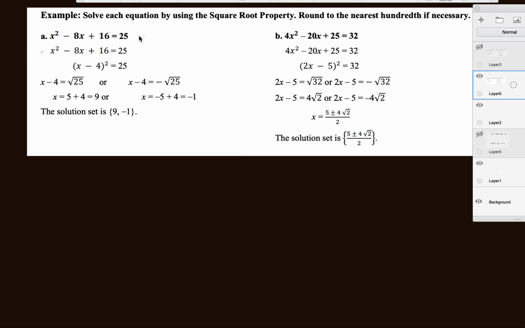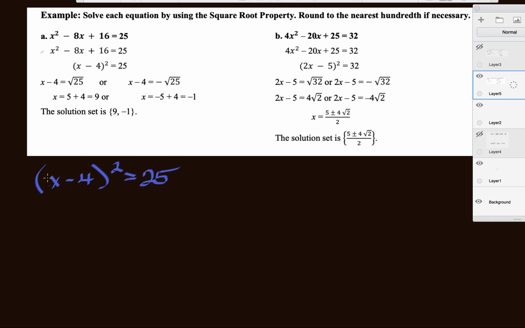So let's look at what happens on the other side. We have 25. On this side we have x minus 4 squared, and that's x minus 4 times x minus 4. So we have x minus 4 squared equals 25.